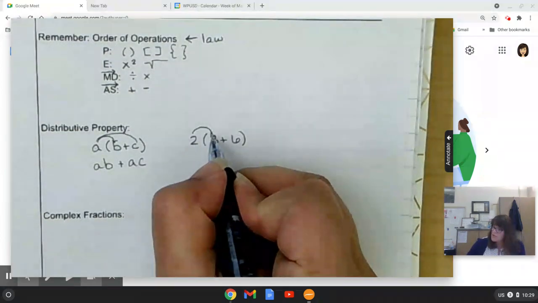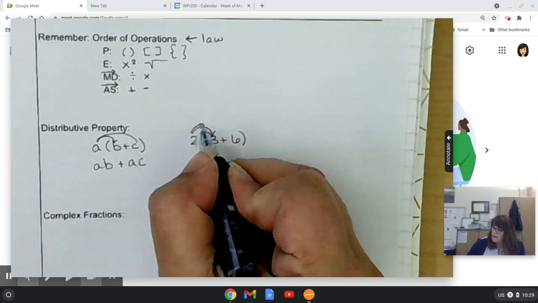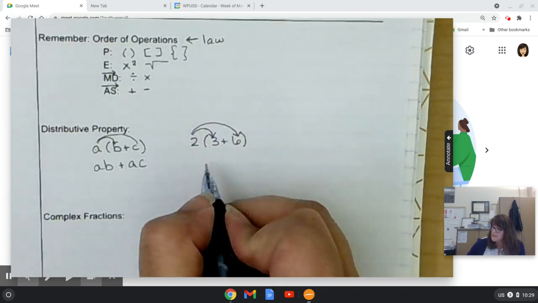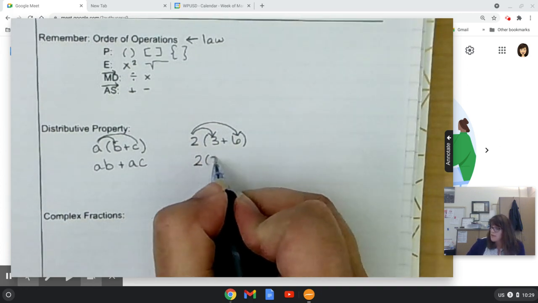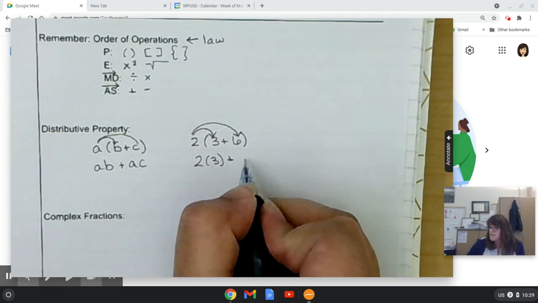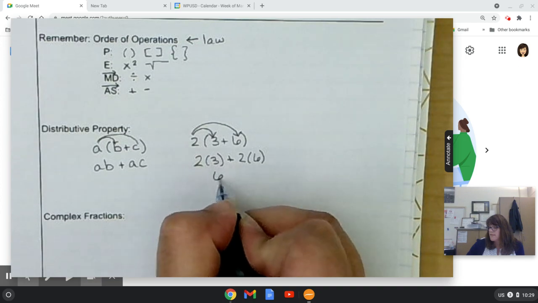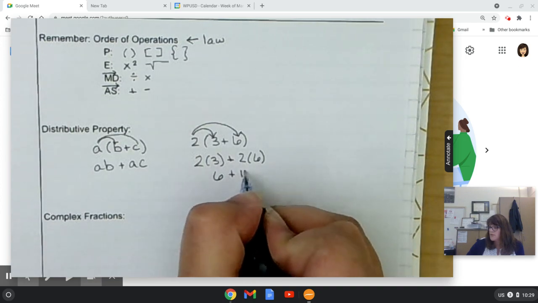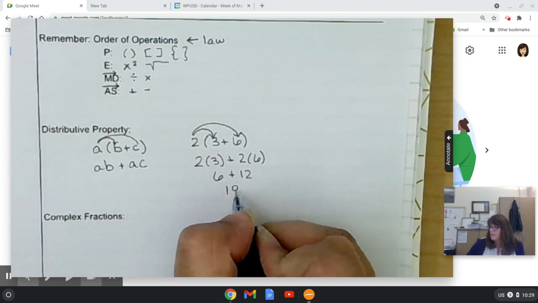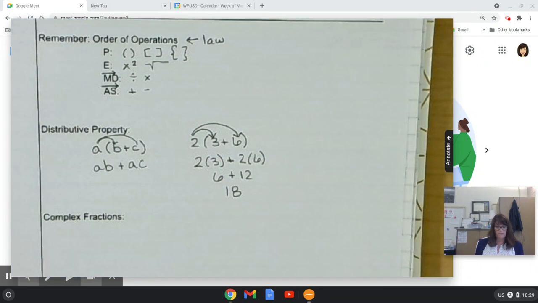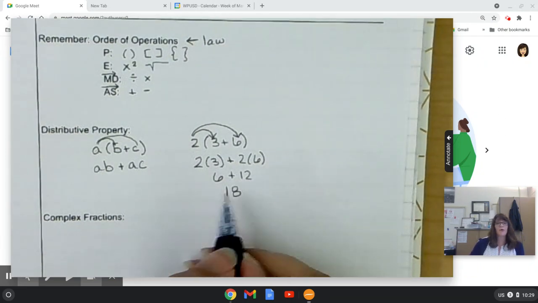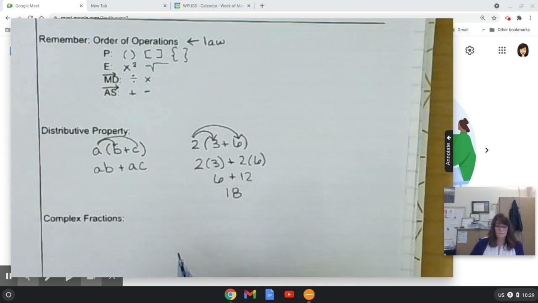Well, this means 2 times 3 and 2 times 6. So 2 times 3 plus 2 times 6. 6 plus 12, 18. Hopefully that matches what you already came up with in your head.